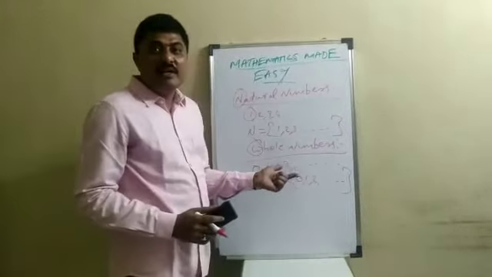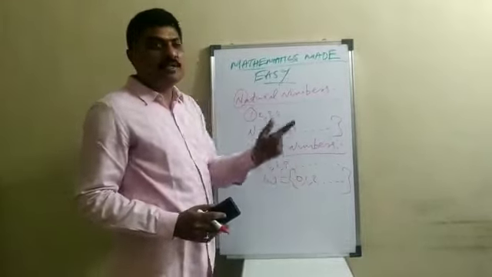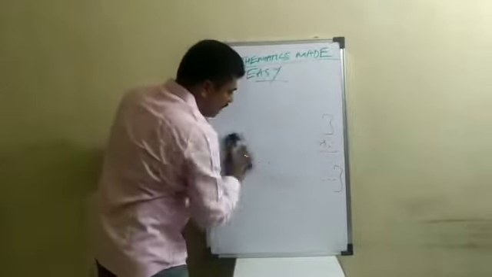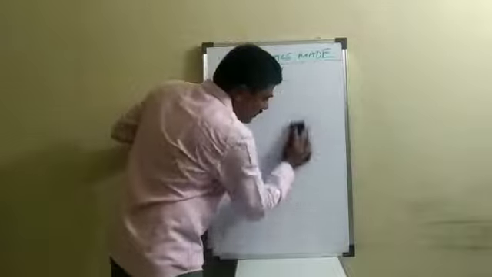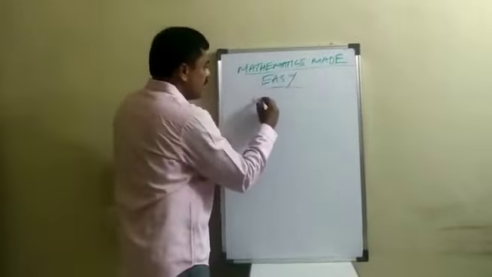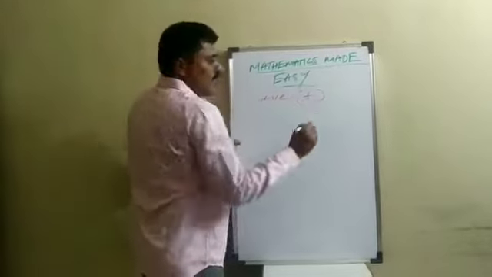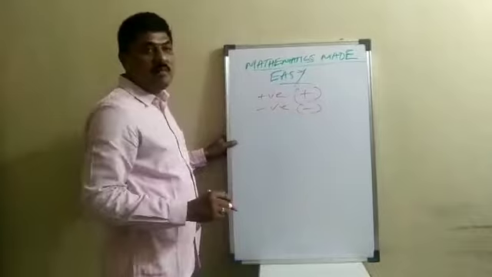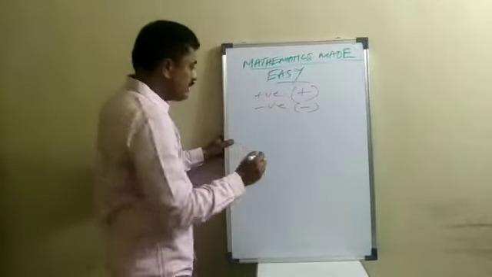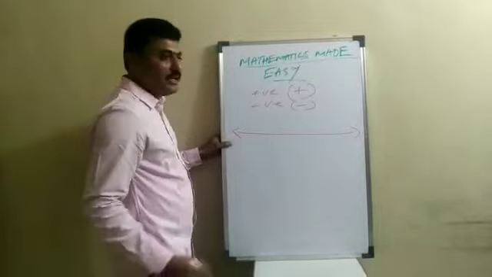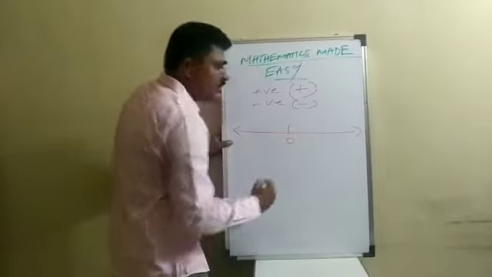Here we are having both positive numbers and negative numbers. What is the speciality of positive numbers and negative numbers? We will see now. Positive, we know the meaning of positive, that is plus, and negative means minus. We are having numbers plus and minus. So we know the number line. I am drawing a number line. On the number line, in the middle we will have 0.